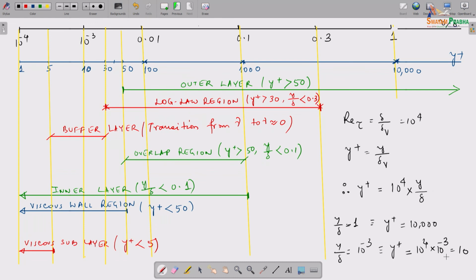So it's kind of in the buffer layer, right here, because it is 10. So in a sense, for a given Reynolds number, we can figure out the length scales so that we will know where we can apply the log law, where exactly the viscous sublayer is located, and so on and so forth.